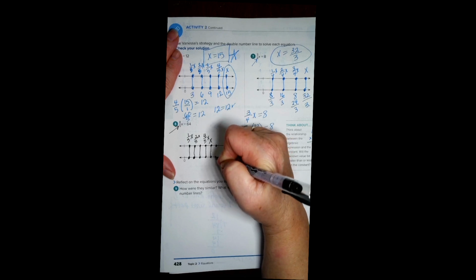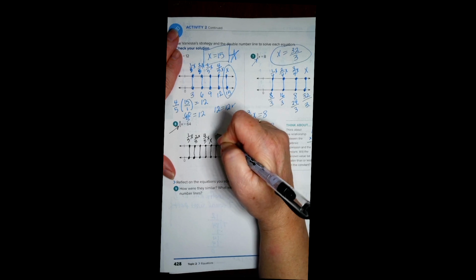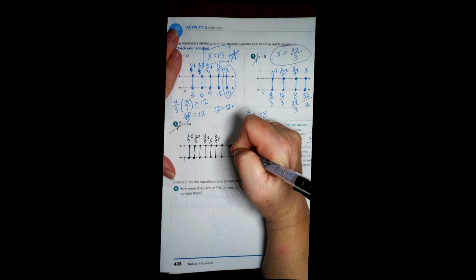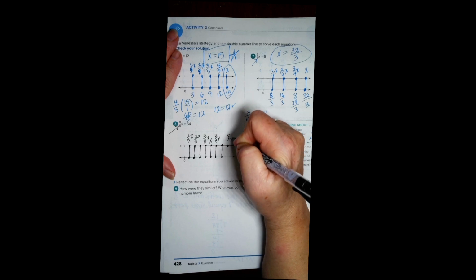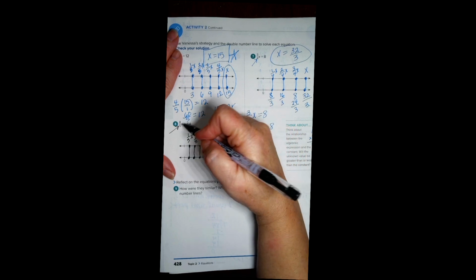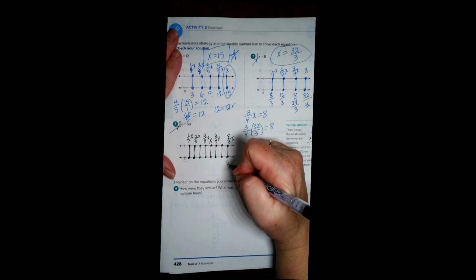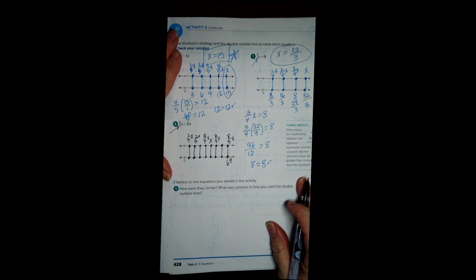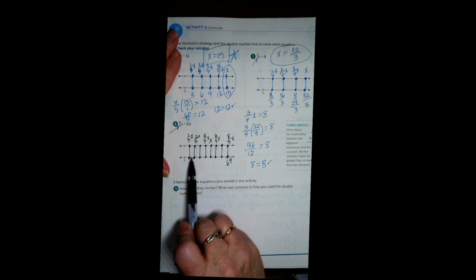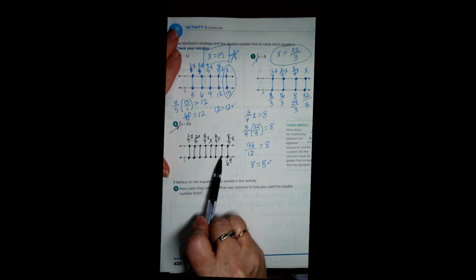After 5/5 is 6/5, 7/5 and 8/5 x. And they're telling us 8/5 x equals 64. So how many sections do I have this broken into? It should be 8. 1, 2, 3, 4, 5, 6, 7, 8.